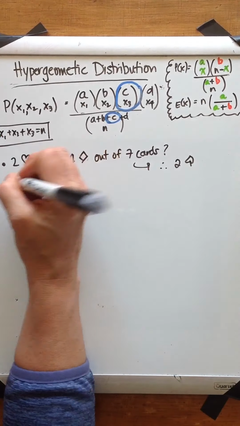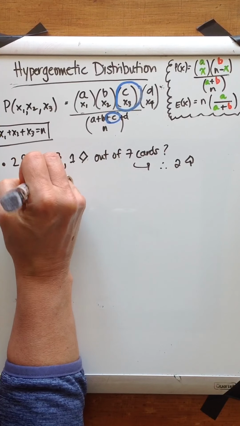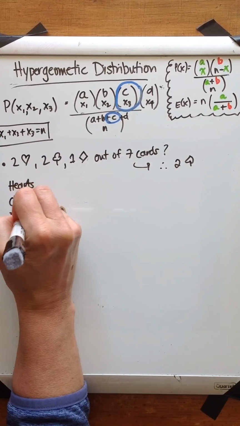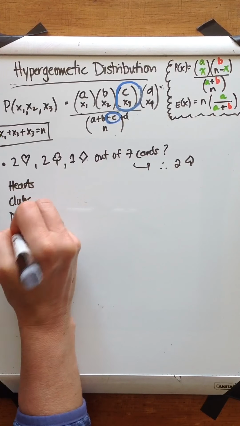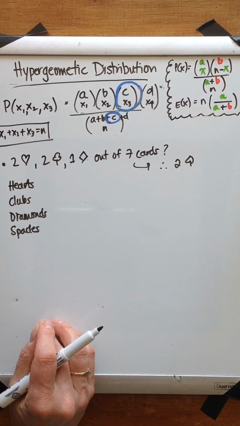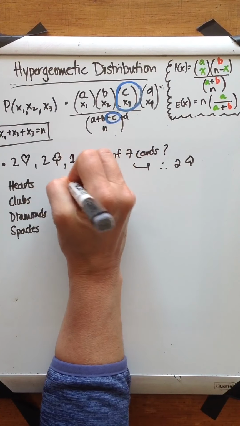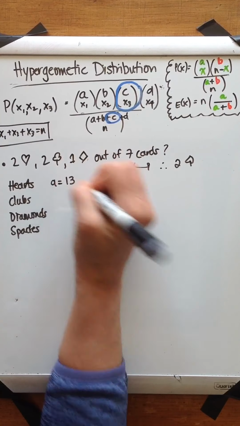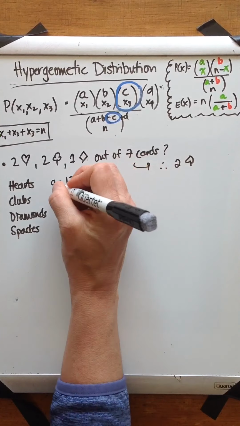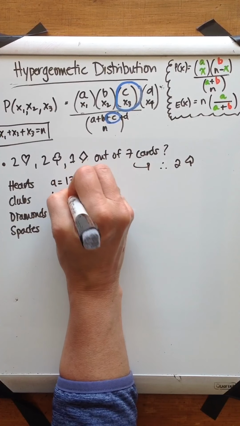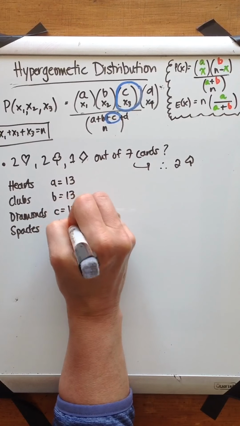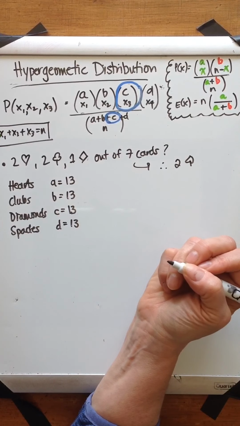Okay? So let's set this up. We have 4 outcomes. We have hearts, clubs, diamonds, and spades. And our possibilities for success, here A would be equal to, well, there are 13 possible hearts we could get, 13 possible chances of being successful for hearts. There would be the same number for clubs, the same number for diamonds, and the same number for spades, because there's 13 of each suit in the deck.